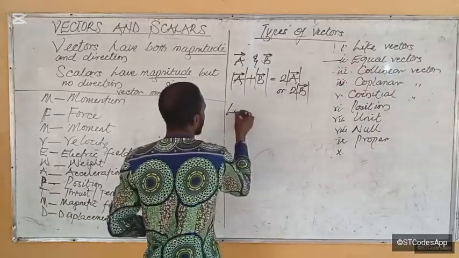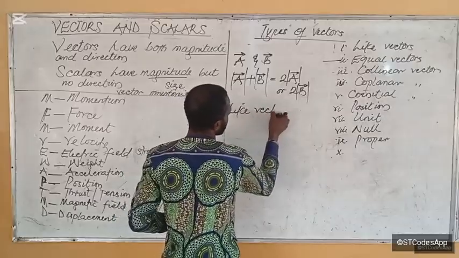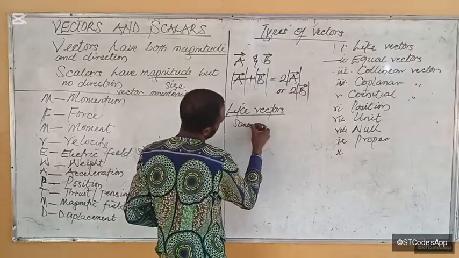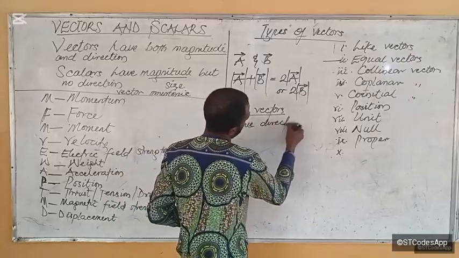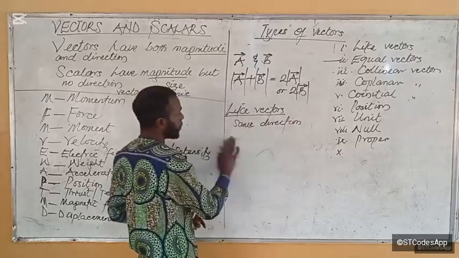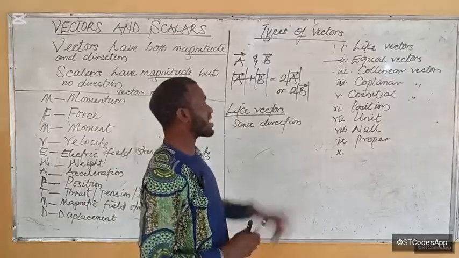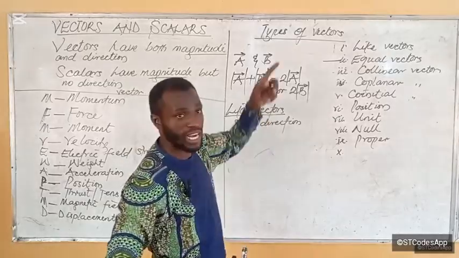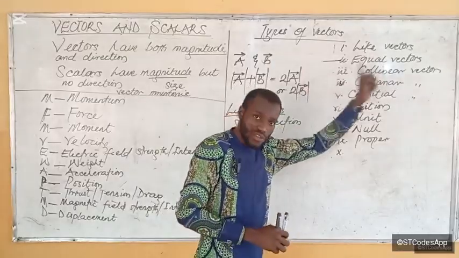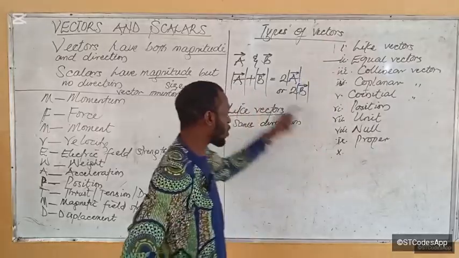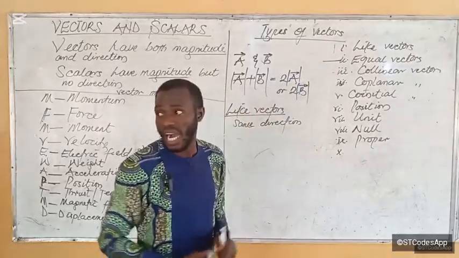So, like vectors have the same direction, but not necessarily equal magnitude. But if they have the same direction and the same magnitude, they are no longer like vectors, they are equal vectors. Is that okay? Same magnitude, same direction. But like vectors means they are going in the same direction.